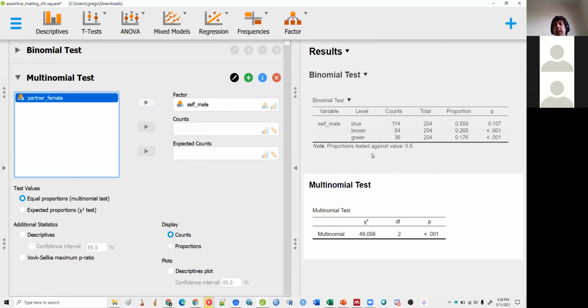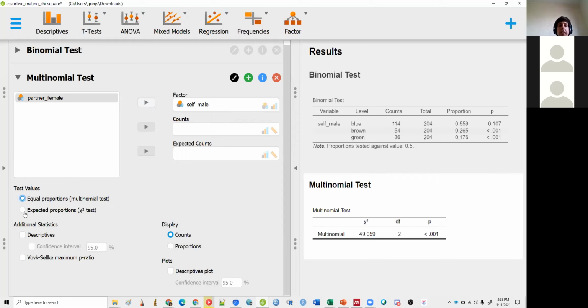And the variable here is eye color. This is actually something that you can toggle using JASP. So for example, notice that in the multinomial test, there's an option. The first option, which is already preset, is the equal proportions multinomial test.